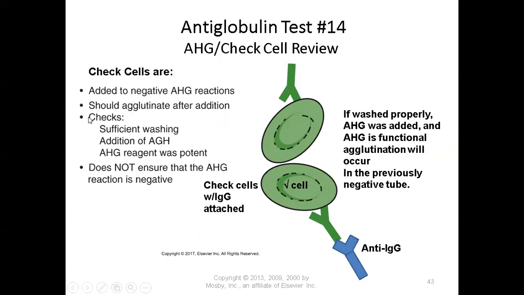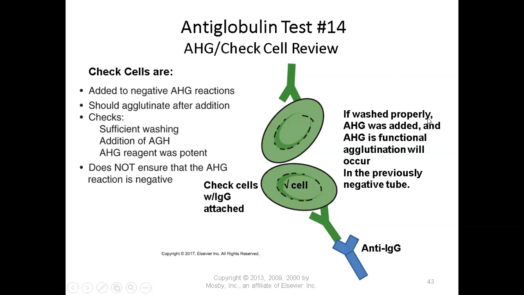They are going to check that the tube was washed sufficiently, that AHG was indeed added, that the AHG reagent had reactivity. However, it does not ensure that the AHG reaction is negative, okay?